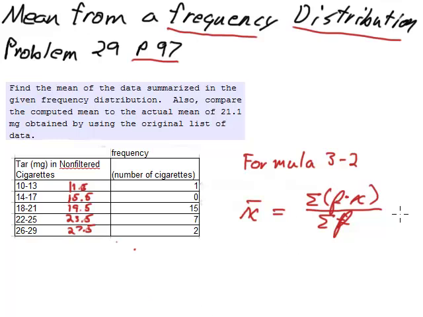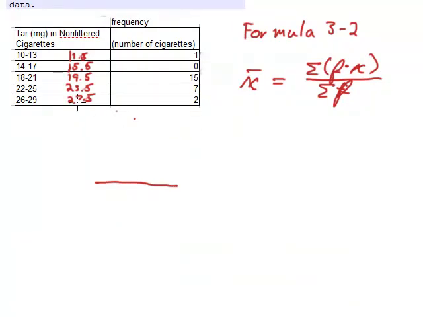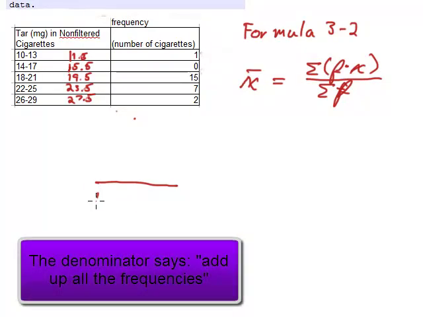What we're going to do with this formula then is take the sum of f times x divided by the sum of f. Let's get that denominator first. The sum of f is 1 plus 0 plus 15 plus 7 plus 2.